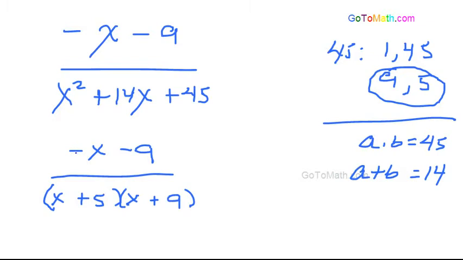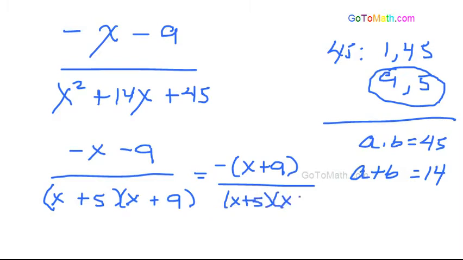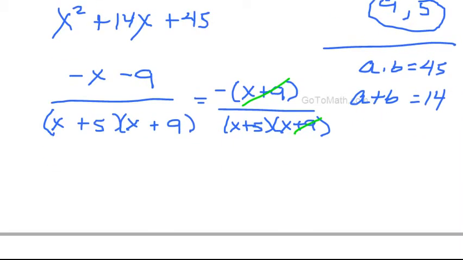Let's go ahead and pull out a negative out of there. So we end up with x plus 9 over x plus 5 times x plus 9. Now, you can see it, right? These guys are going to cancel out.